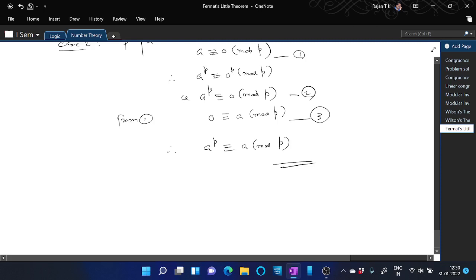Take the case, an example, P equals 7, A is equal to 12. We know P does not divide A here. In this case, we know by using Fermat's theorem, 12 raised to 6 is congruent to 1 mod 7.